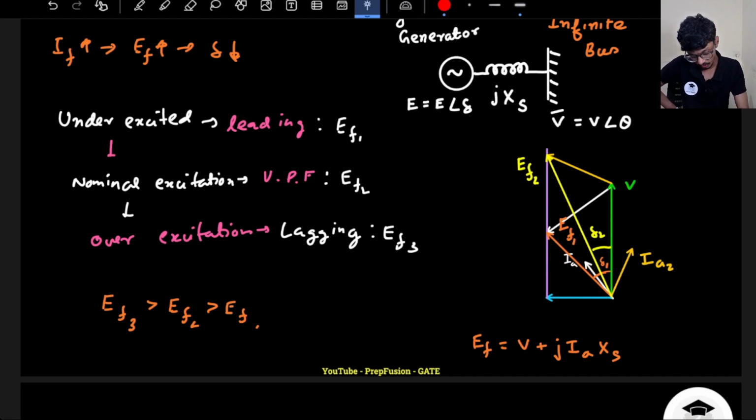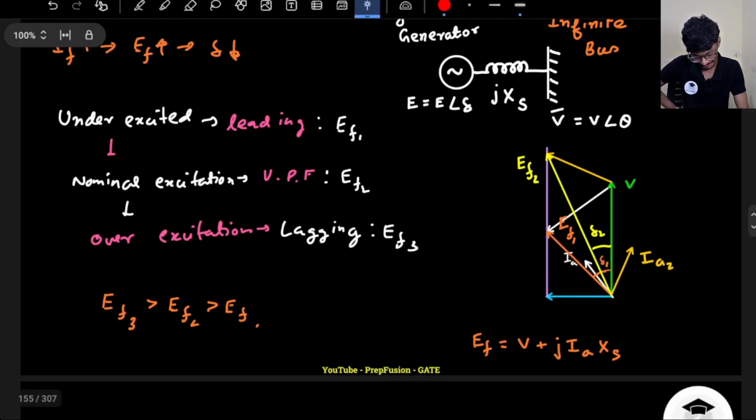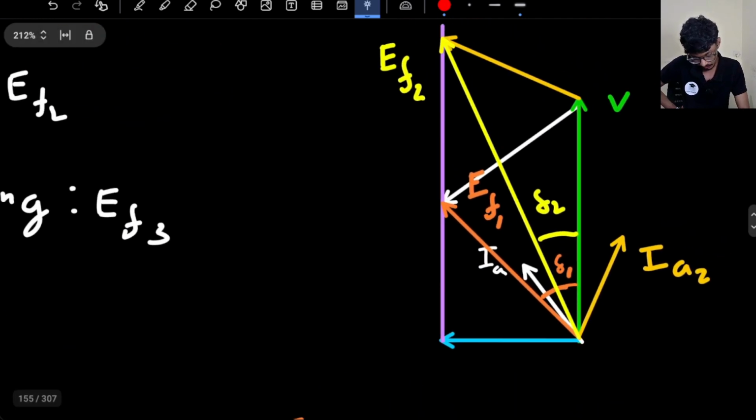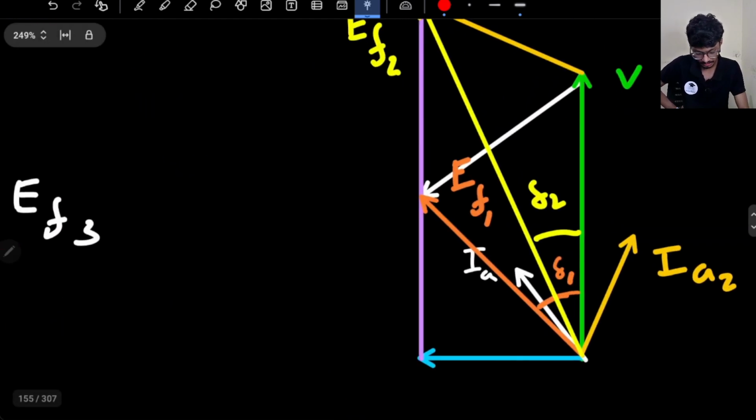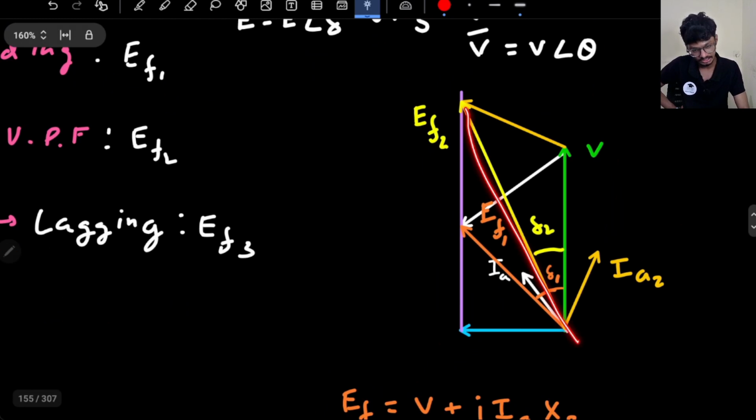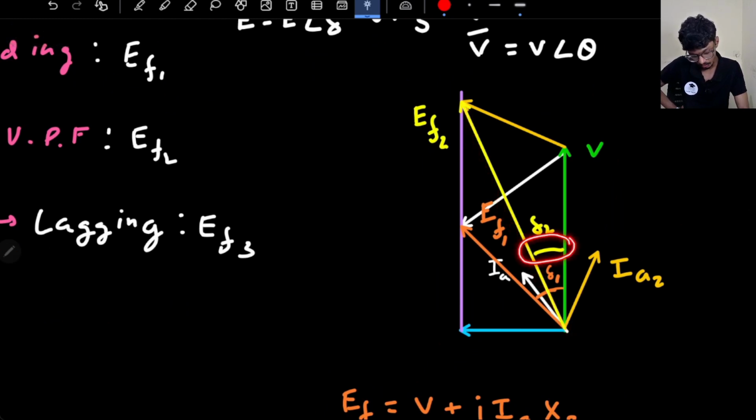So what I am trying to say is that as I change the power factor, the delta changes. If delta is changing, so is EF2. Here EF2 is higher and the load angle has reduced.